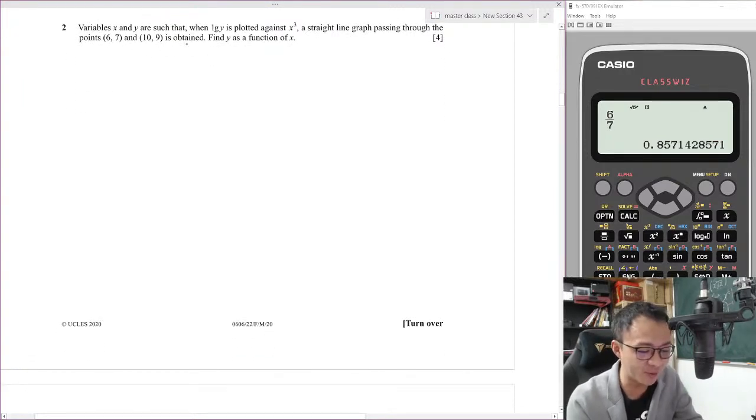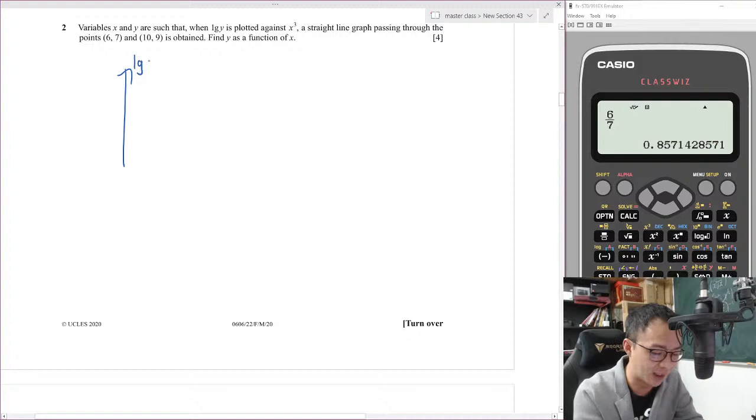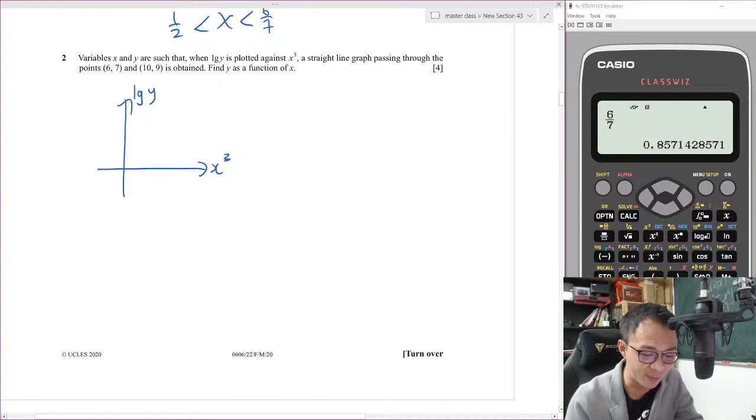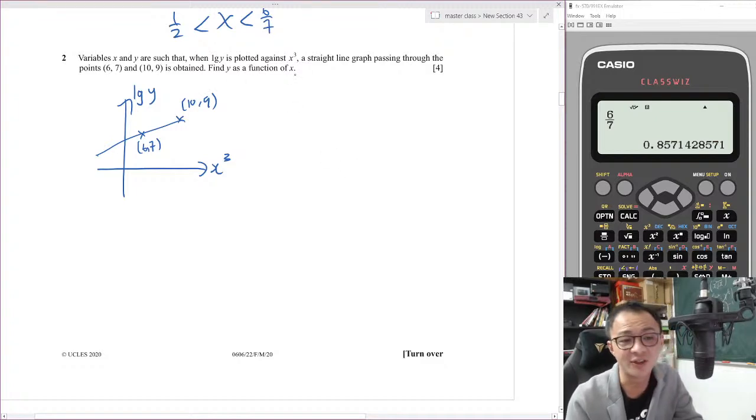The variables x and y are such that we have a graph of log y against x cubed. It is a straight line graph passing through two points, which are (6, 7) and (10, 9). Find y as a function of x.